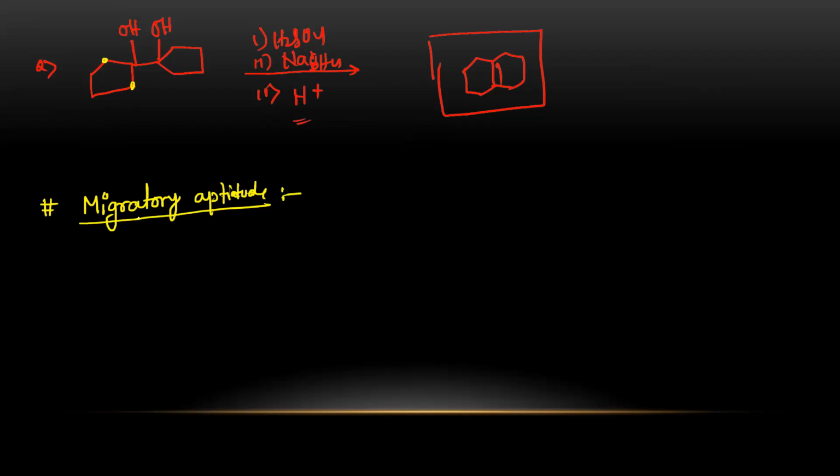For this, remember, if hydrogen is in comparison with an aromatic group, for example a phenyl ring, then H has more tendency of migration because it is a very small atom. So it has a very high tendency. Always hydrogen will have more tendency to migrate because it is very small.